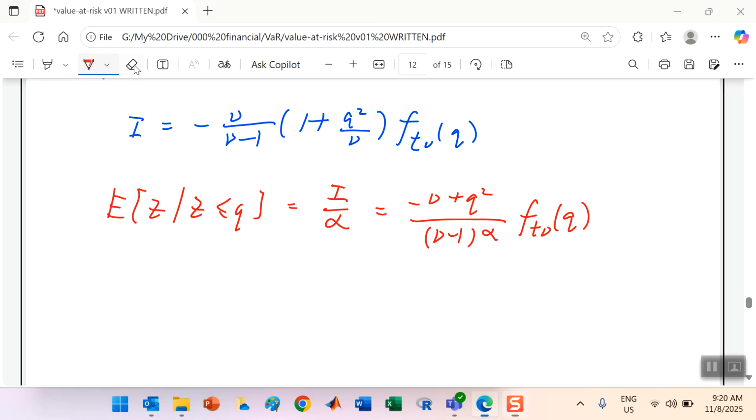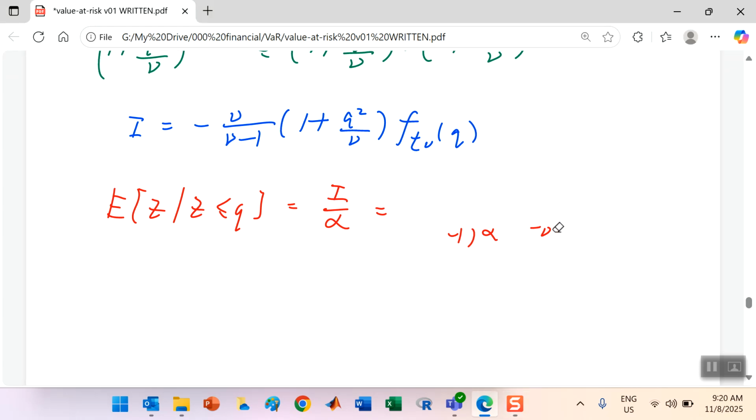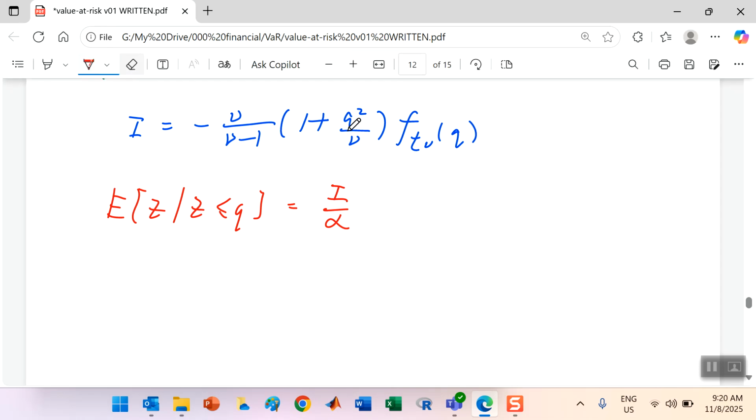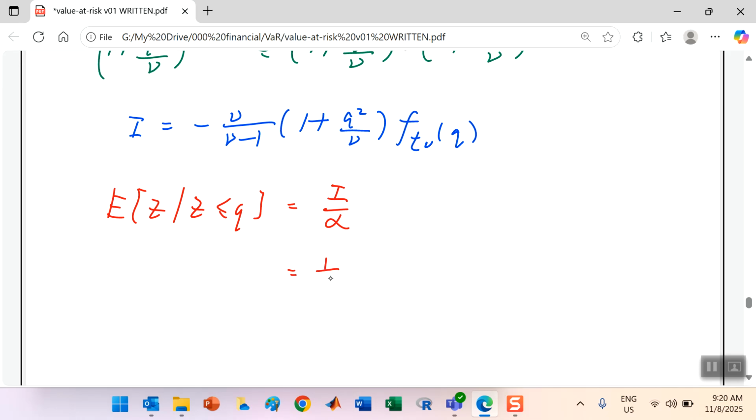Or actually we can just, okay, so this is a bit fast. Maybe you can just go back one step. Then we should be able to get, this is your I. So your I basically is this. So we have multiplied mu here. So this mu plus Q squared over the mu. So mu cancels the mu.